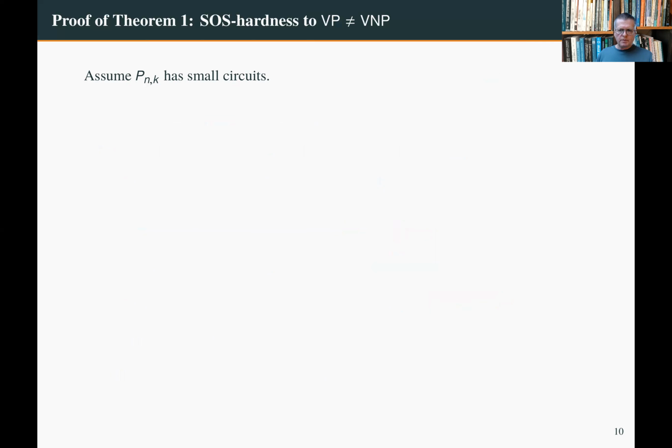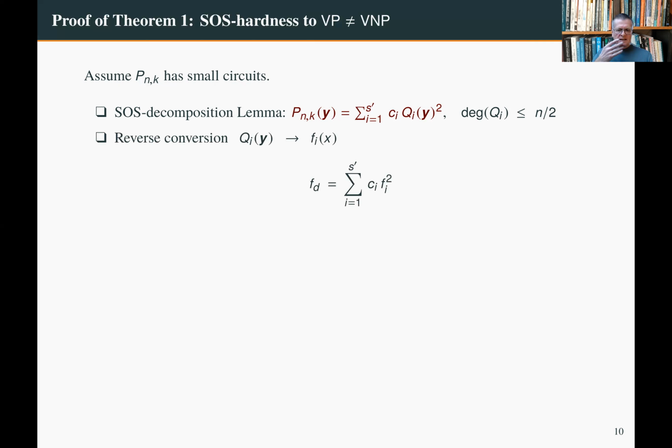Yeah, this goes by contradiction. So we assume these polynomials have small circuits. So first of all, we use the decomposition lemma and write these polynomials in such a way, and the degrees of the Qi's are bounded by n by 2, half the degree of P. And now we reverse the conversion from before.